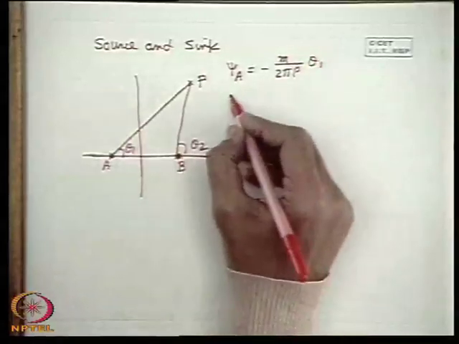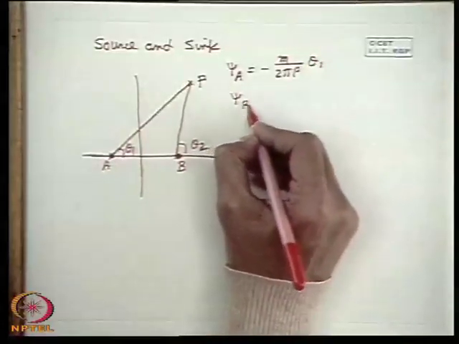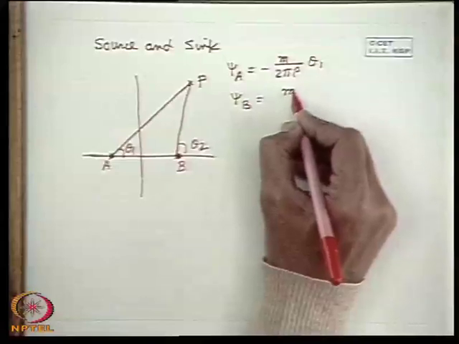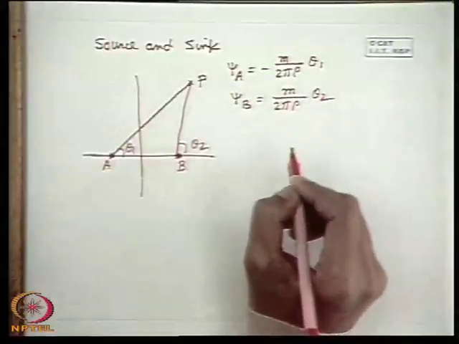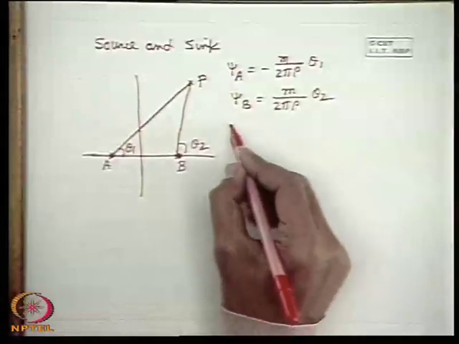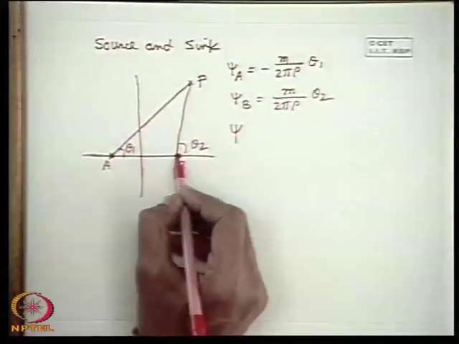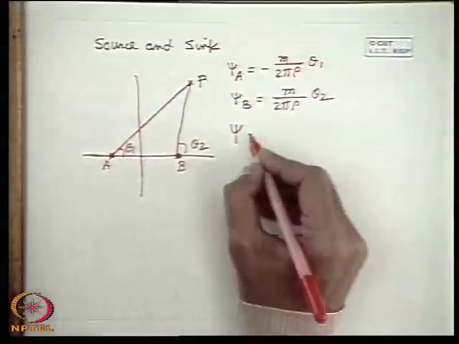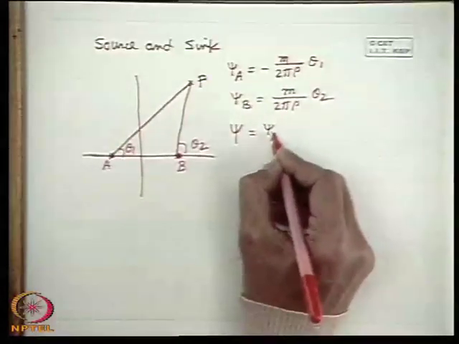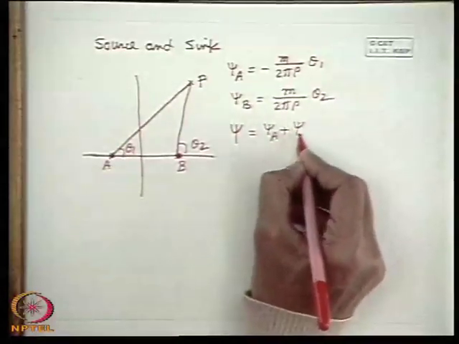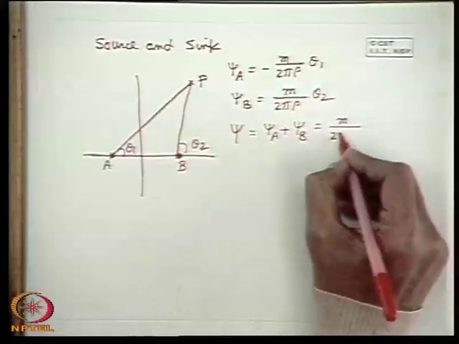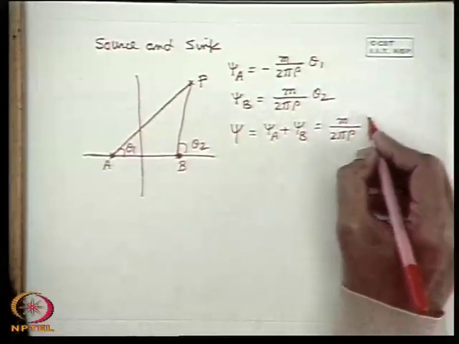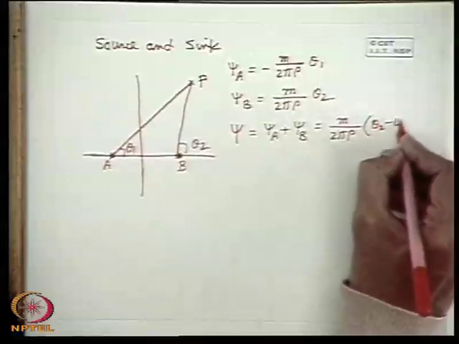Now for the sink at B, psi B is the negative of that, so it will be m by 2 pi rho theta 2. So the psi function for the resulting flow, due to the combination of the source and sink, will be psi A plus psi B, which can be written as m by 2 pi rho into theta 2 minus theta 1.